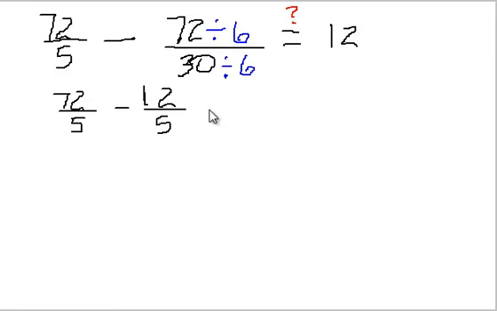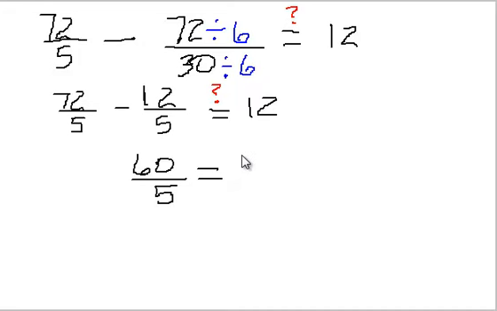And my question is, does that actually equal 12? So 72 over 5 minus 12 over 5 is 60 over 5. Once that denominator is the same, I merely subtract the numerators and leave the denominator unchanged. So in order for me to subtract, the denominator has to be the same.